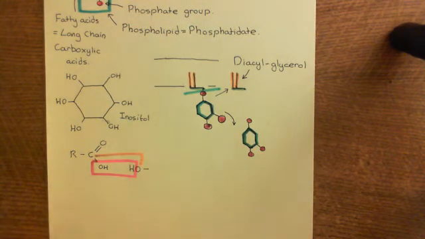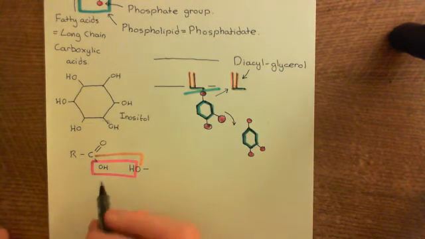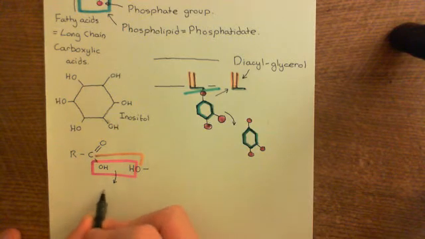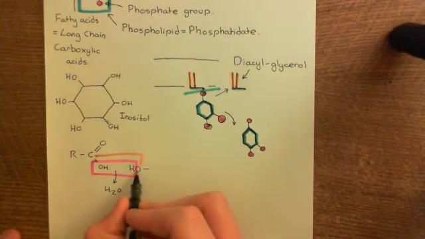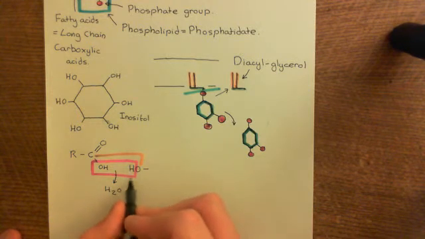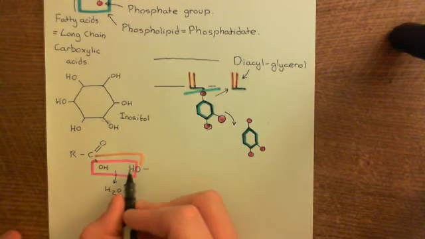So it's always the oxygen from the carboxylic acid that goes off in water. It's never the oxygen from the alcohol that goes off. That's always the oxygen that ends up in the ester link.